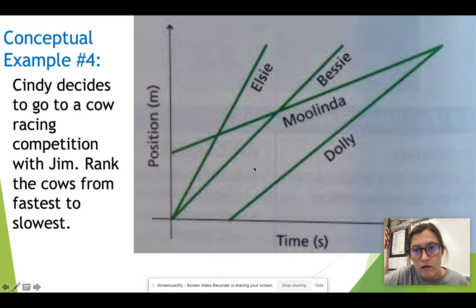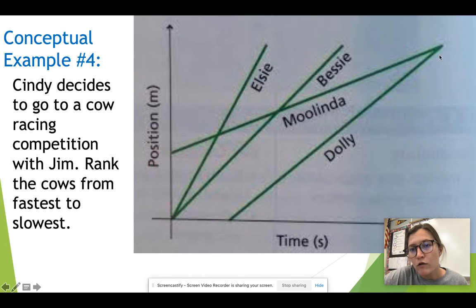Betsy is going to cover more ground in a smaller amount of time, so her position versus time graph has the second steepest slope. So Betsy would be our second fastest cow.